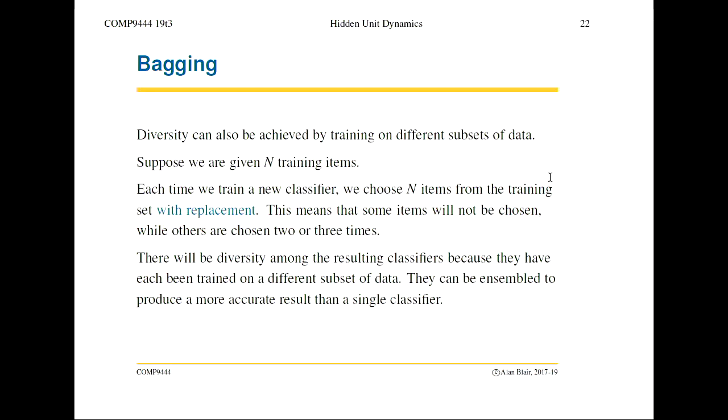And then there's also this concept of bagging. This is related to ensembling. Let's say I don't have a diversity of models.